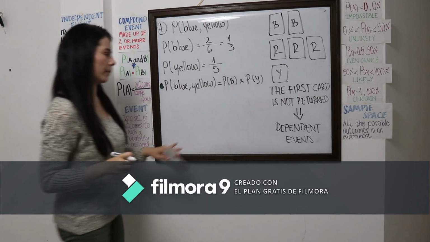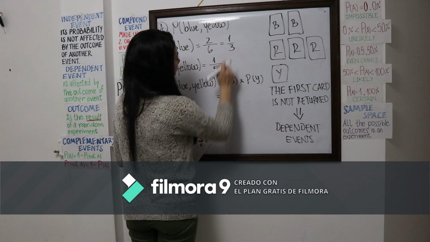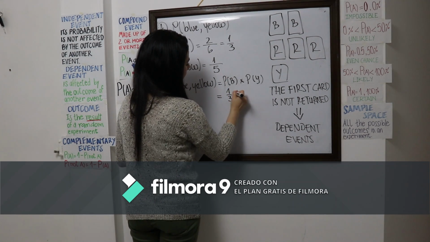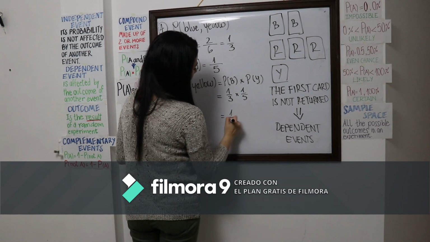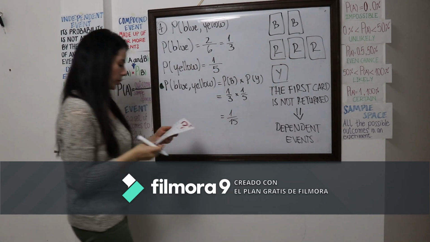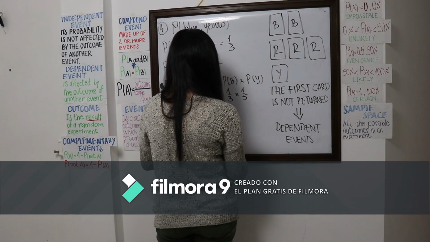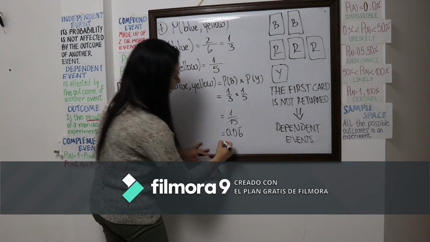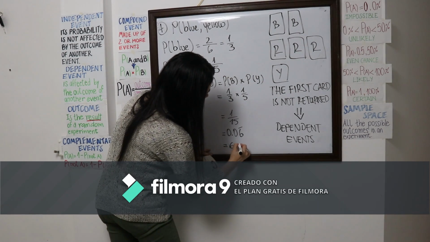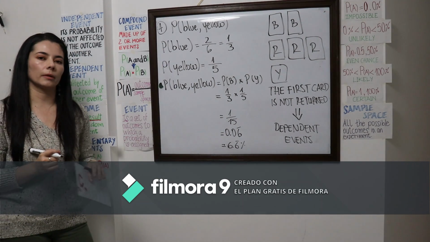That probably is a little bit shorter, right? And so that, of course, is going to be 1/3. And this is going to be 1/5. So we're having 1/15. Which, in my paper, I got 0.06 repeating. And that, of course, is going to be 6.6 repeating percent. That is going to be the probability here.